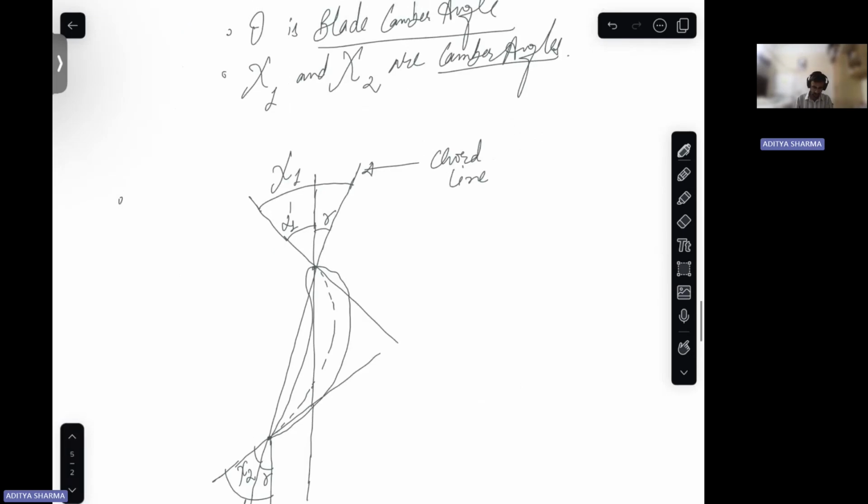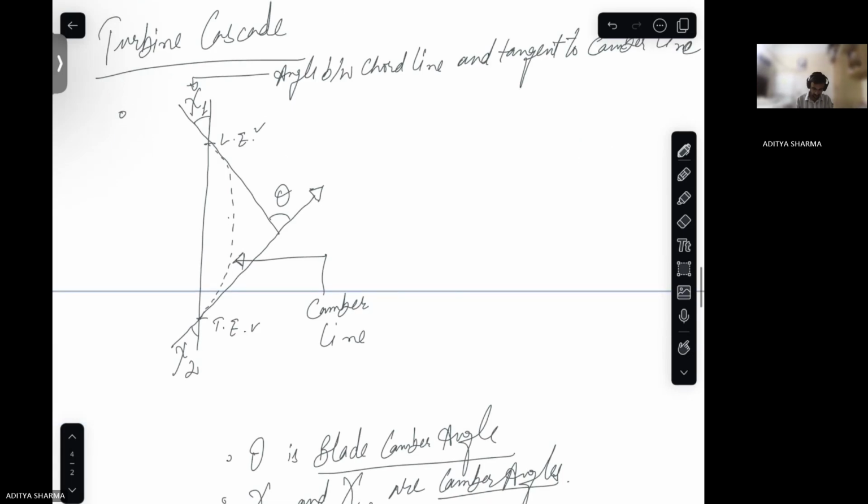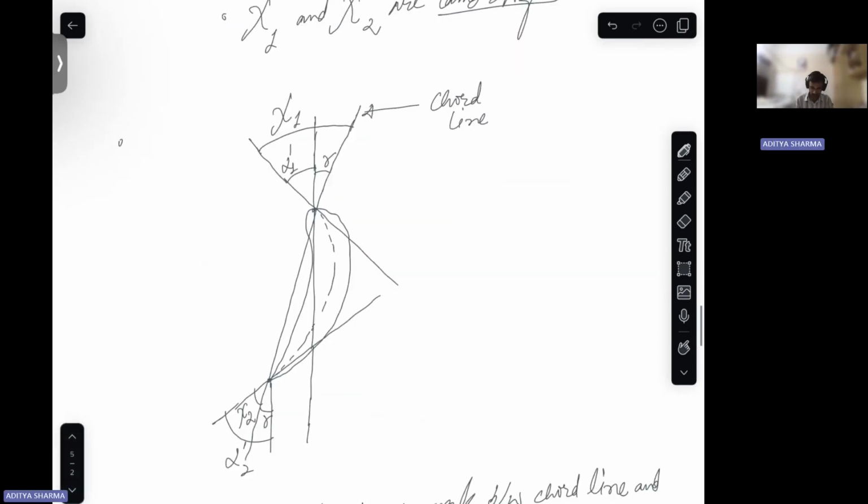So this is your blade angles. This is your camber angles. This is your blade angles.